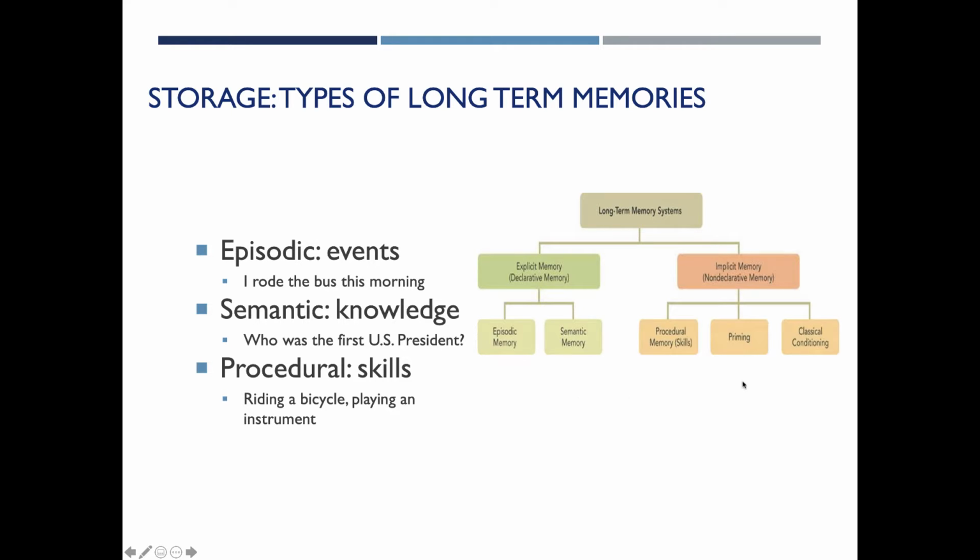Now, all of these different memory systems are sort of represented differently in the brain. So if you remember Clive Waring from the chapter on biological psychology, who had difficulty remembering from moment to moment, you might remember that he doesn't have his episodic memory. That is, he doesn't remember when he got married or what his wife wore or who came to the wedding.